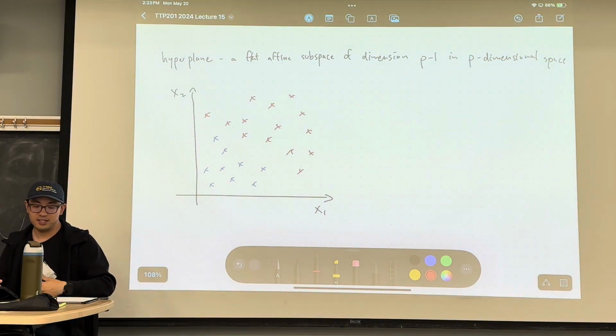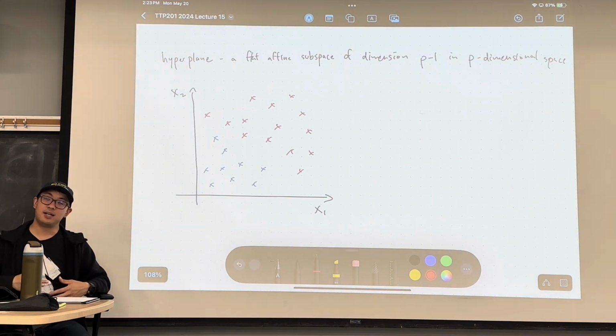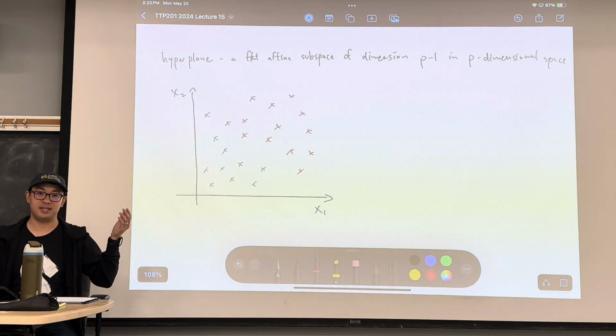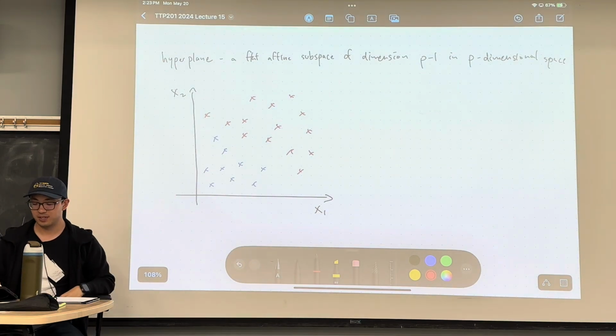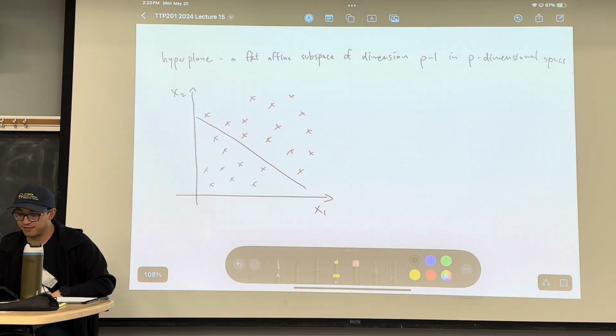In the logistic regression, there were dividing lines for how the model would predict an outcome depending on where you were in your x1 and x2. So a hyperplane is basically that dividing line.